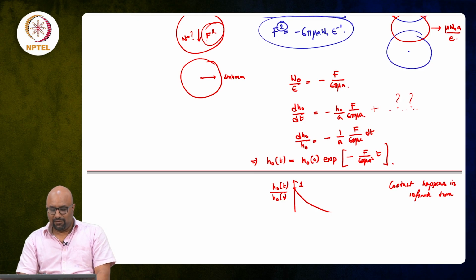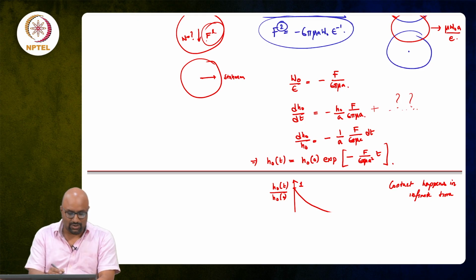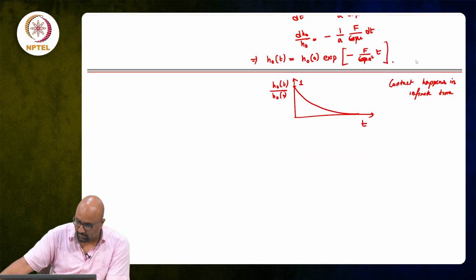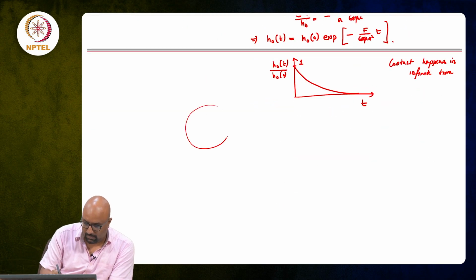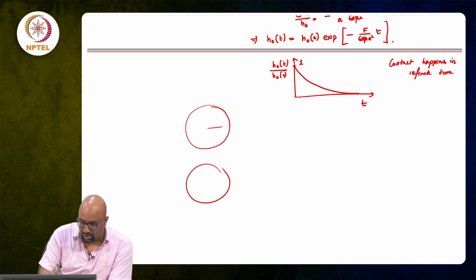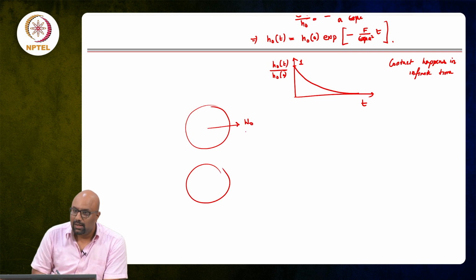So, this is all that we have to discuss regarding the normal motion. As I had mentioned in the beginning, I am not going to derive the tangential motion calculation, which is a motion of this kind. The approach remains similar.